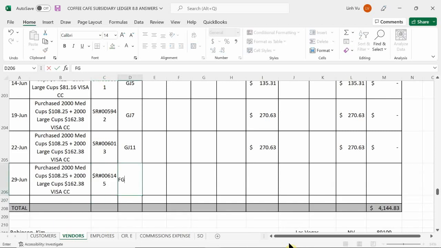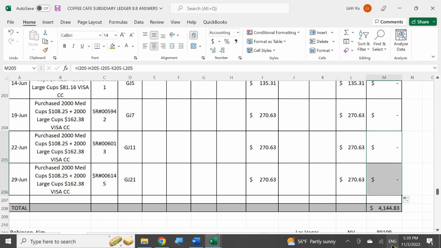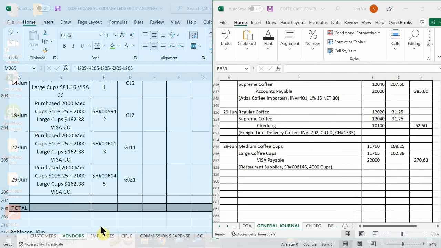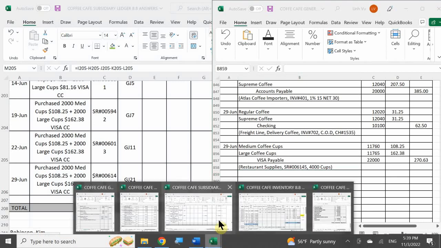Okay. General Journal, page 21, right? It was $270.63, and you paid with your Visa credit card, so you owe $0. Okay. All right. And let's see what is next. That's it.